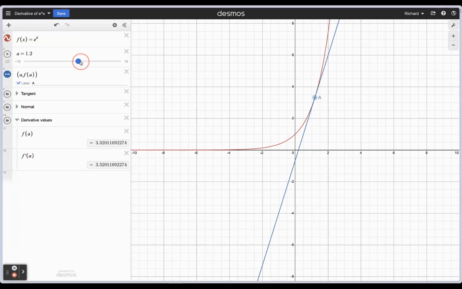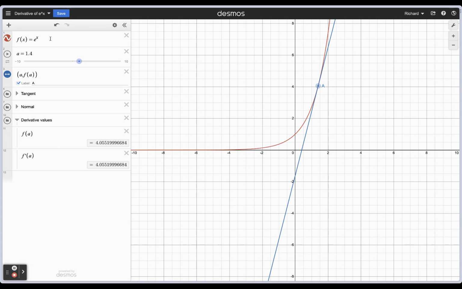And as I move a, can you see that f of a and f dash of a are in fact the same value? In other words, the derivative or the gradient at that point is the same value as the point itself. Isn't that amazing? And what that means in terms of our derivatives is that f of x and f dash of x are exactly the same value, and that is e to the x.